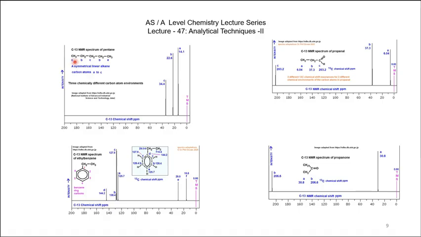That one and that one have the same chemical environment, is it not? This one and this one have the same chemical environment. This one has a different chemical environment. So we have A, B, C. We should get 3 peaks in our spectrum.